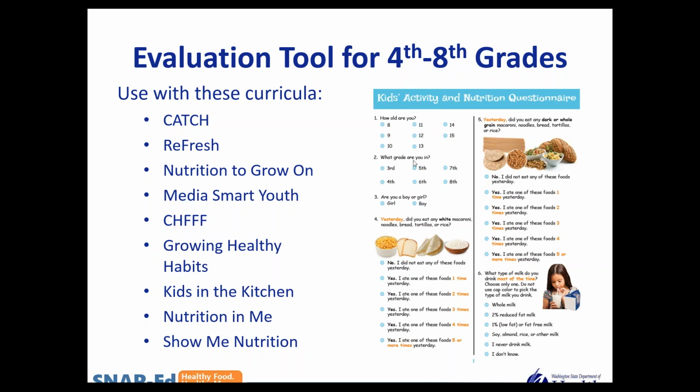If you have a mixed age class with third graders, please make sure they mark this number 2 question with third. It doesn't prove as reliable with third graders. That's exactly why we need to know that there's a third grader who took it, so we can look at their data and see if it makes sense or if we need to throw it away. You'll use it with the curricula listed on the left here.